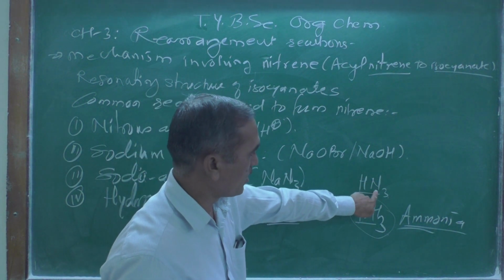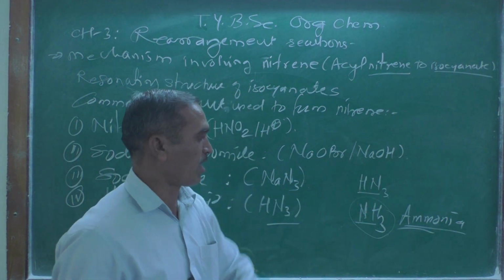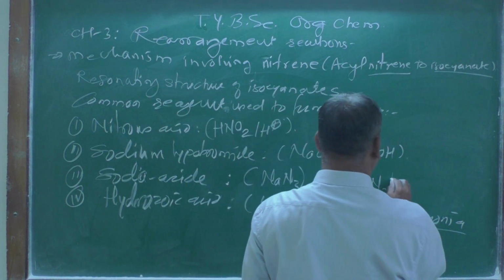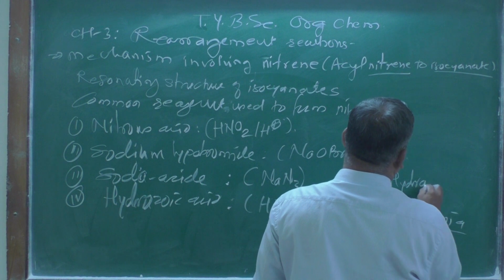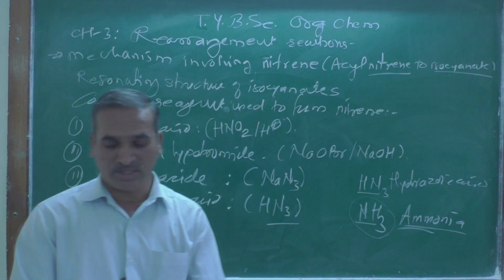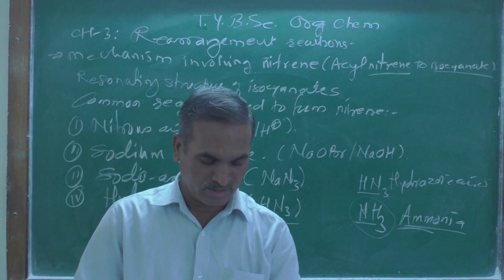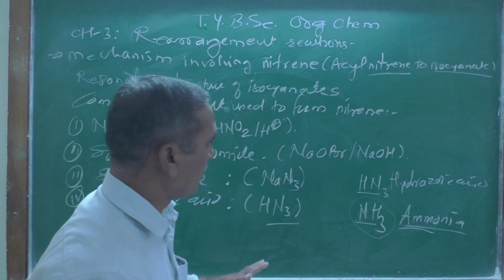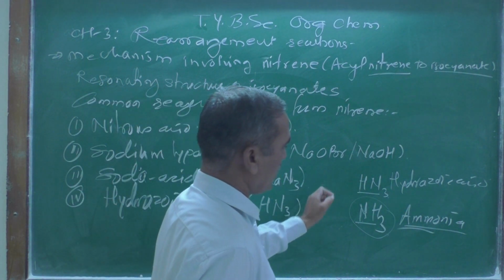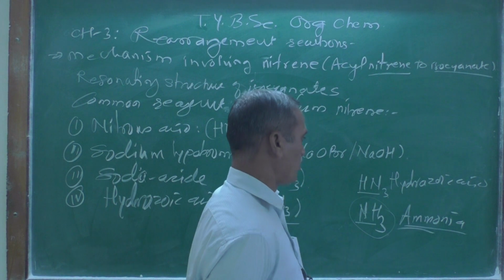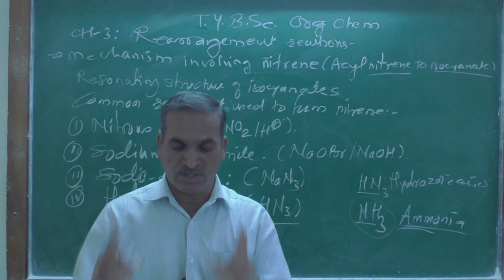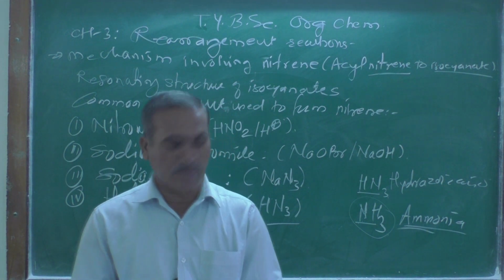Here there are 3 nitrogens and only 1 hydrogen atom, and therefore it is called hydrazoic acid. Remember, NH3 is called ammonia, and HN3 is called hydrazoic acid. This is the difference you should remember.